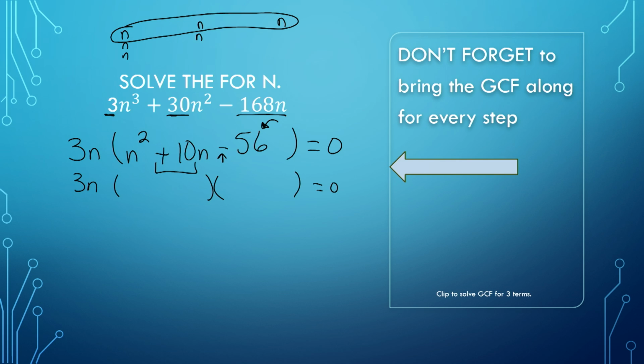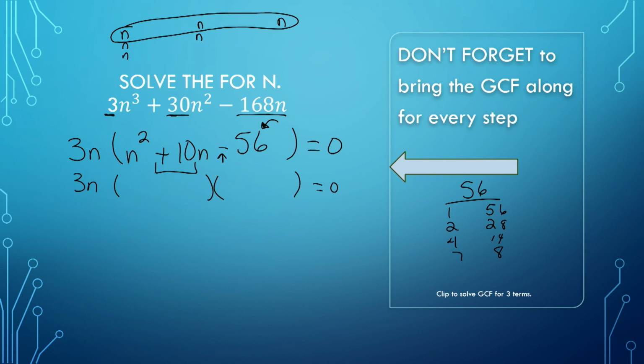We can do this in our calculator under the y feature, or if we remember our multiplication facts, we've got 56: 1 and 56, 2 and 28, 4 and 14, and 7 and 8.